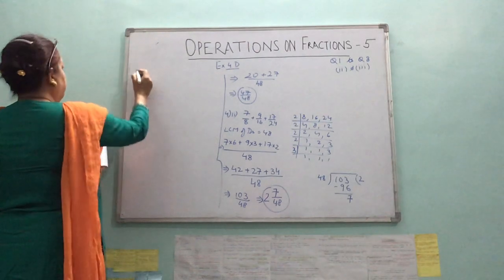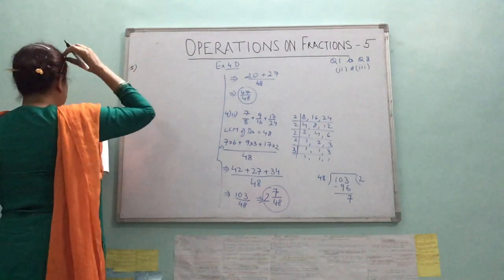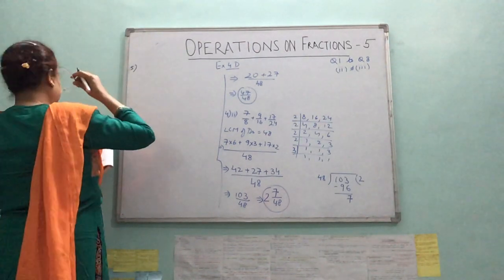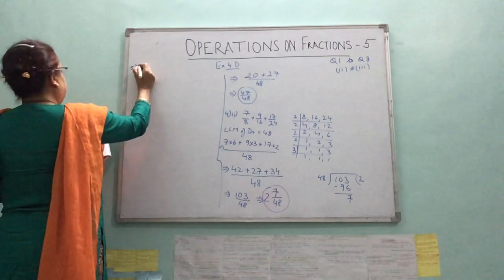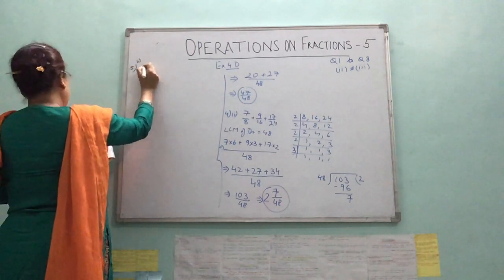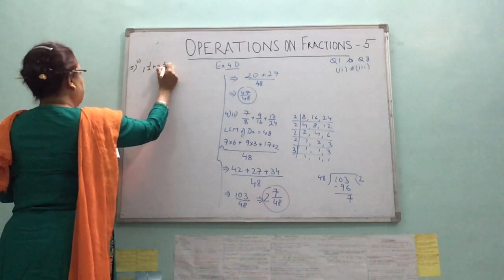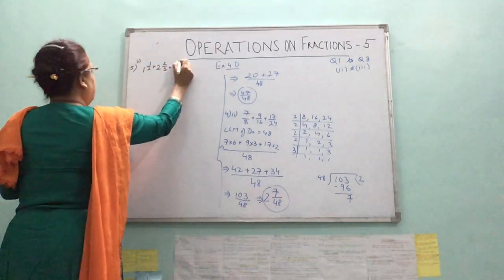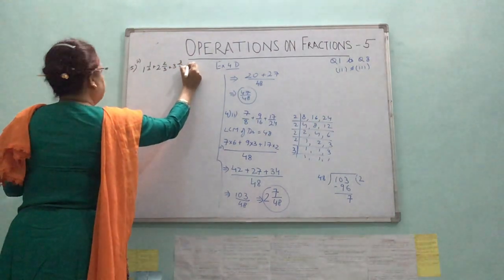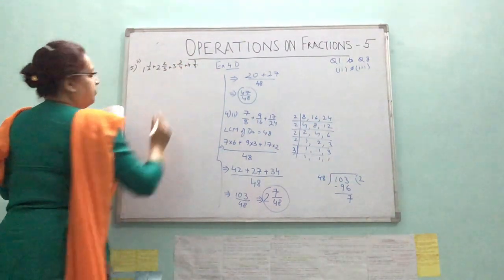So we are doing question number 5 now, second part. 1 whole 1 by 2 plus 2 whole 2 by 3 plus 3 whole 3 by 4 plus 4 whole 4 by 5.